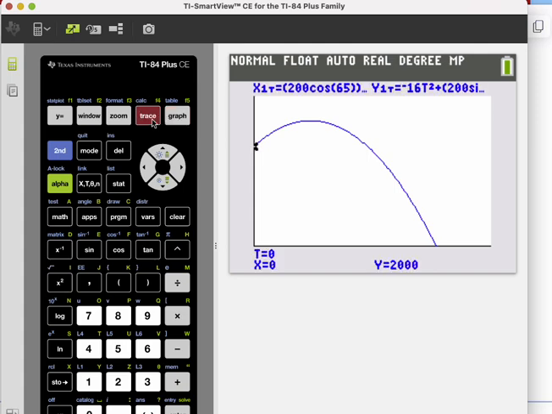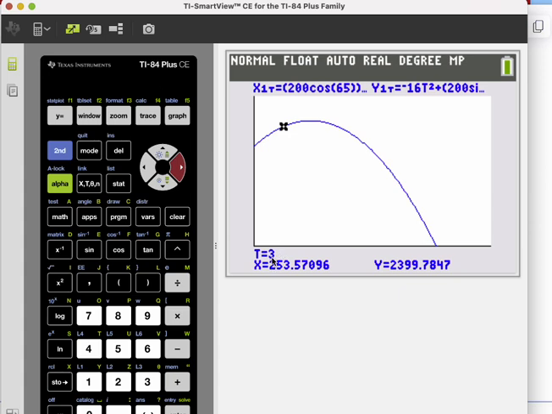Now let's hit trace and take a look at the points, okay? These are not your typical XY points because every point has a T value associated with it. So this T value of 3 is, what's 3 what? 3 feet, 3 cannonballs, what is it?